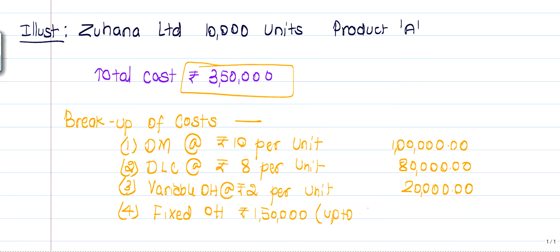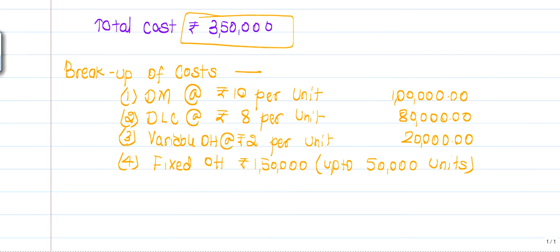That holds up to a maximum of 50,000 units. If you produce 50,000 units, your fixed cost will remain the same, 1,50,000. If you produce 20,000, your fixed overhead will be 1,50,000. If you produce 30,000 units, fixed overhead will be 1,50,000. But direct material, direct labor and variable overhead will change according to the quantity produced.